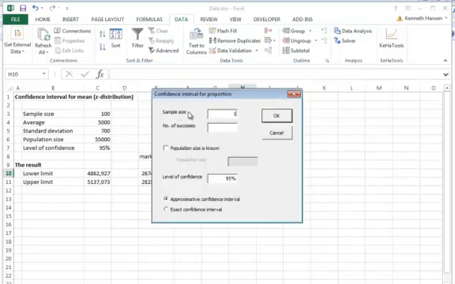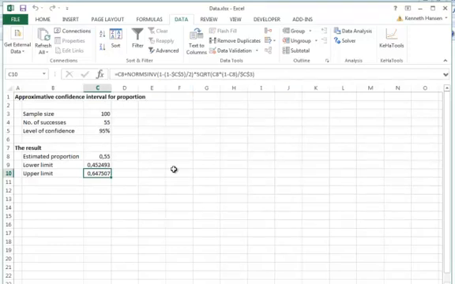Our sample size is 100 persons. We have 55 who want to vote yes. We don't know the population size. Level of confidence 95% as usual, and we almost always use an approximate confidence interval. So we get this result.